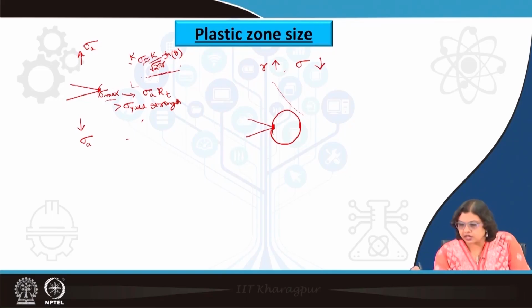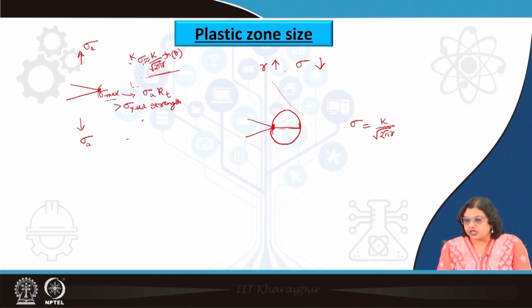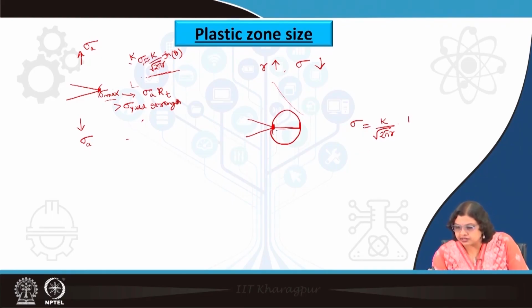use this kind of relation, as we have seen that sigma equals K by root over 2 pi r and a function of theta. So, if we put theta equals 0, if we want to figure this out along this straight line here, we would see that by incorporating all the sin theta cos theta terms, it will come to 1. So, essentially we can see that this distance r will be given by 1 by 2 pi times K by sigma, squared.